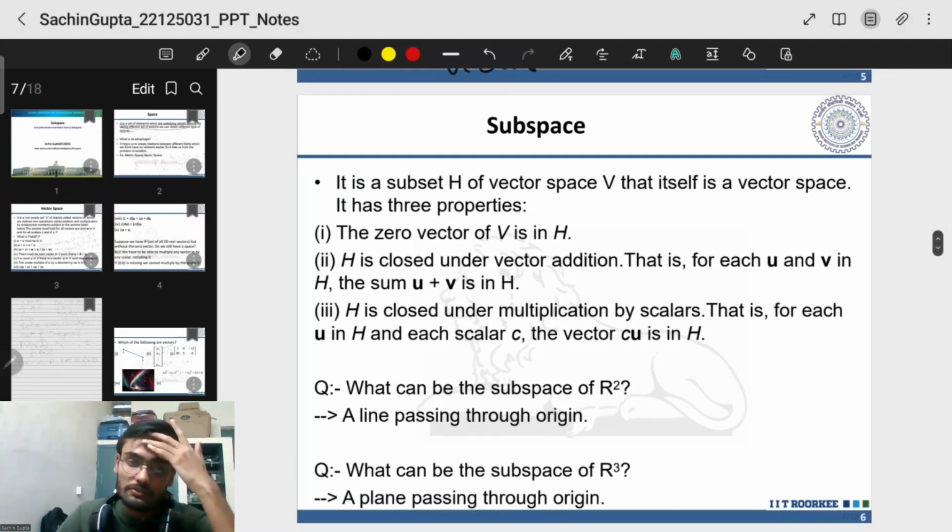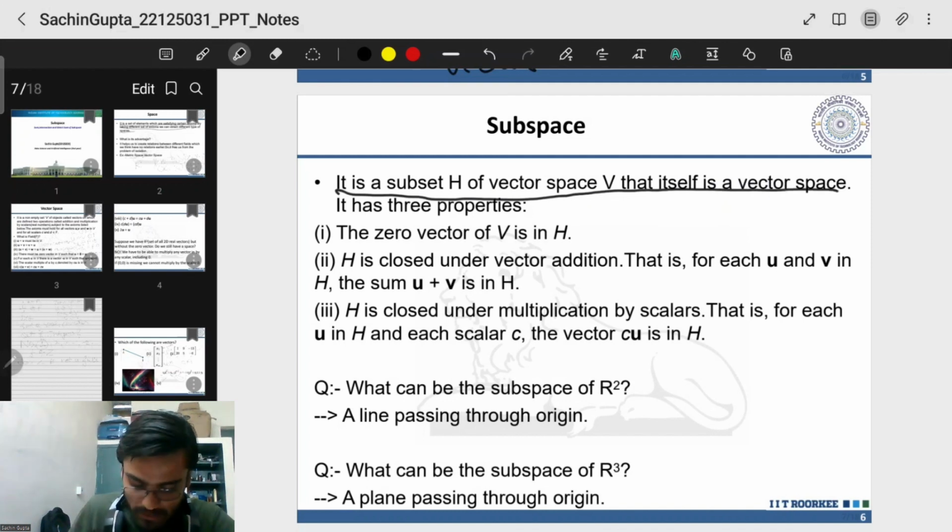Now what is a subspace? A subspace is a subset H of a vector space that is itself a vector space. So the elements in a subspace belong to the vector space, but it is itself also a vector space. For these elements to form a vector space, they must follow these three properties.